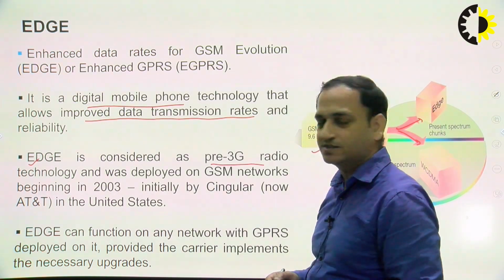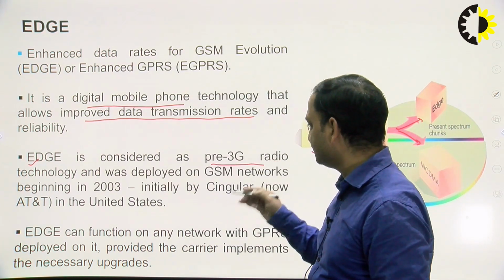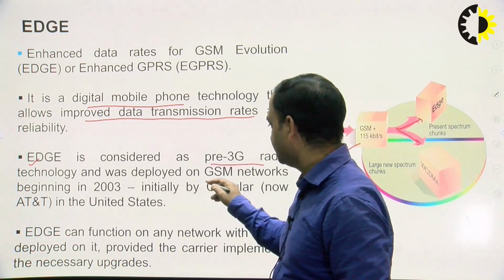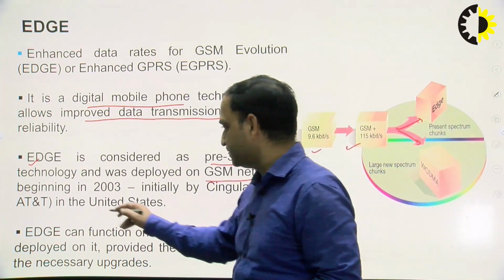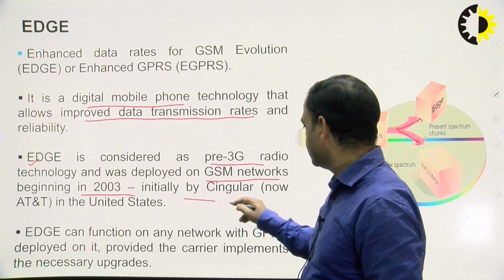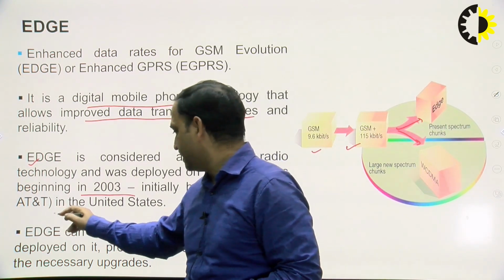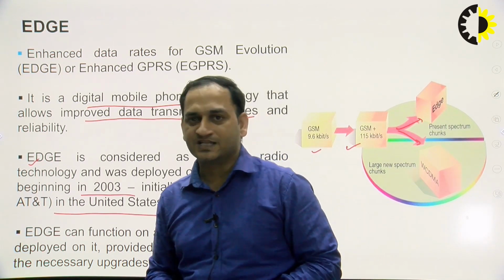This is the just previous, pre-3G radio technology, which was developed on the GSM architecture and began in 2003. Initially it was deployed by Cingular, and now by AT&T in the United States, on the GSM network.